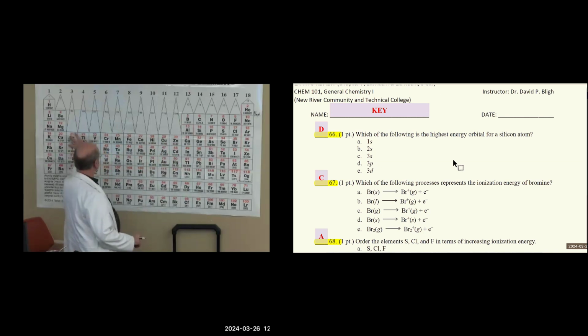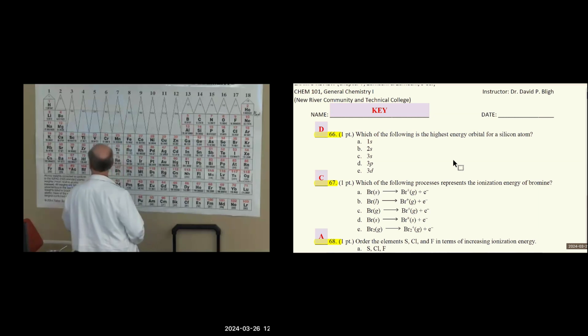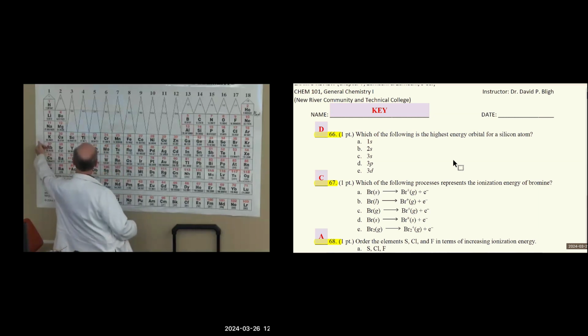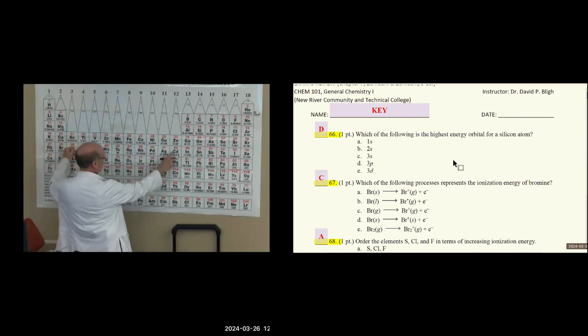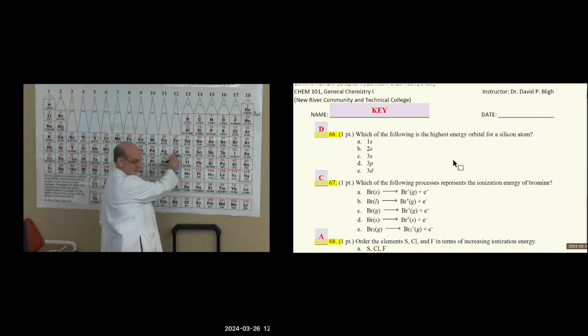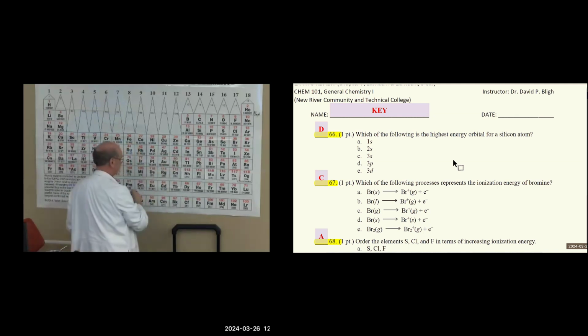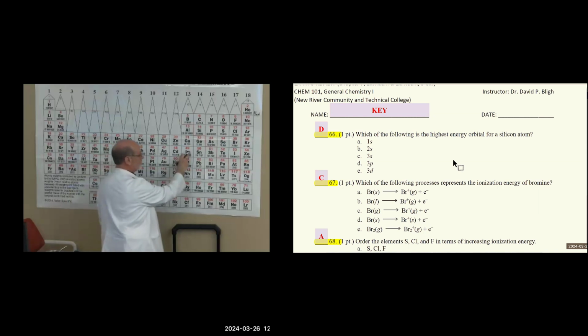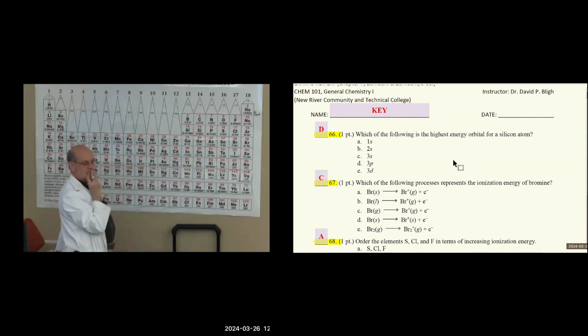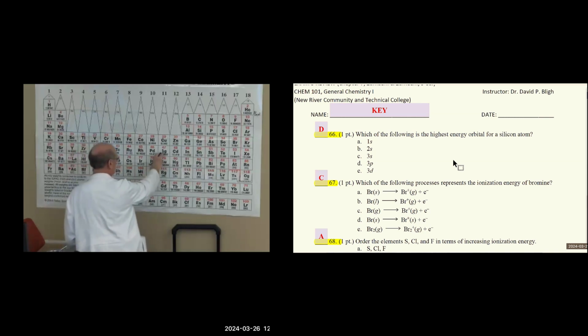Now, there are some places in here where the sequence is not what you would expect. Like 4d10, what's that? So this would be period 5. This would be 4d10. And then what would it be? Say you wanted silver in this, what would you do?